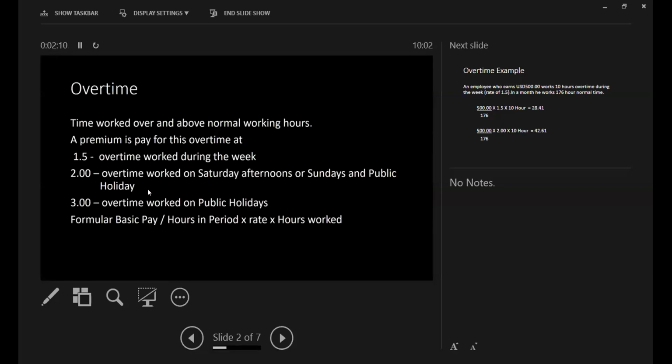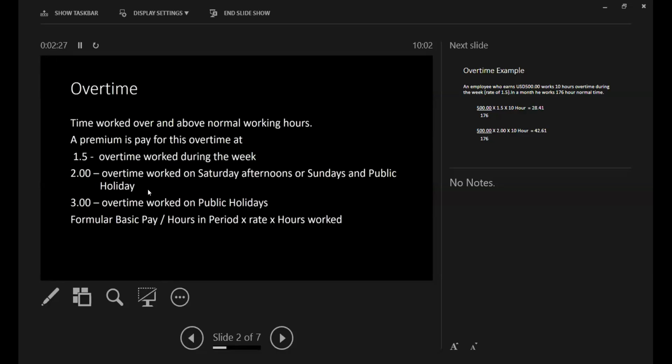Now, overtime is time worked over and above normal working hours. When an employee is expected to work, for example, 45 hours in a week, and then they work 52 hours, it means they've gone over the normal working hours and they should be paid.